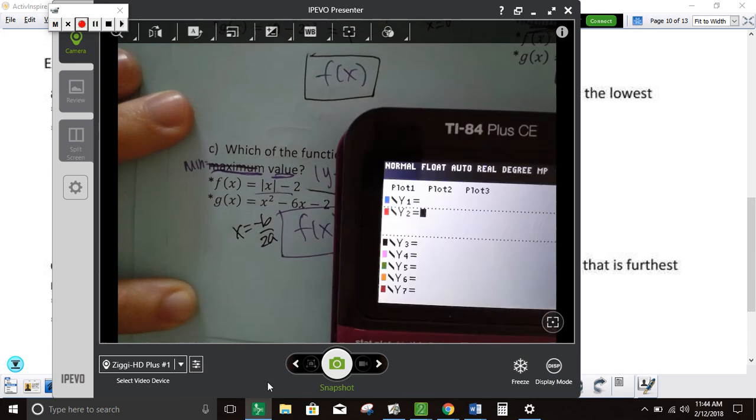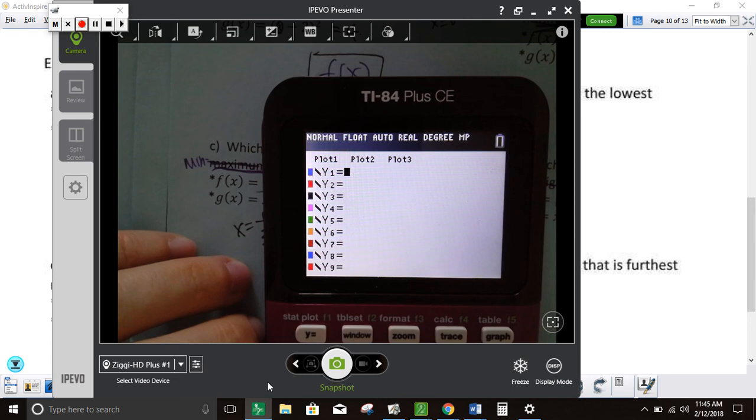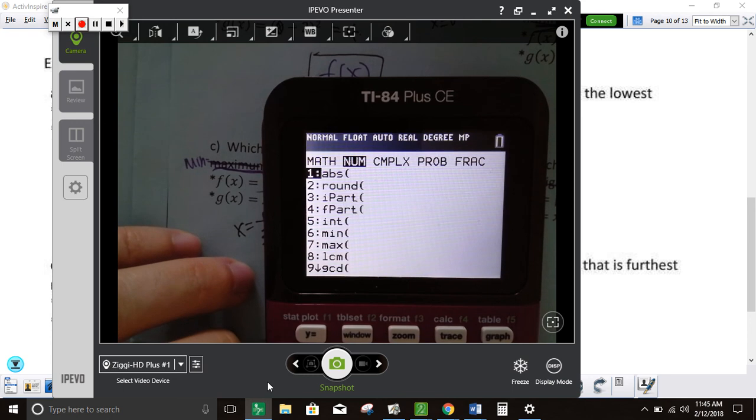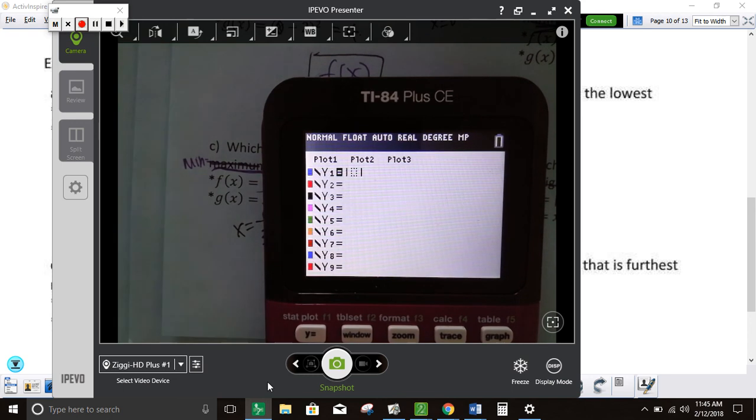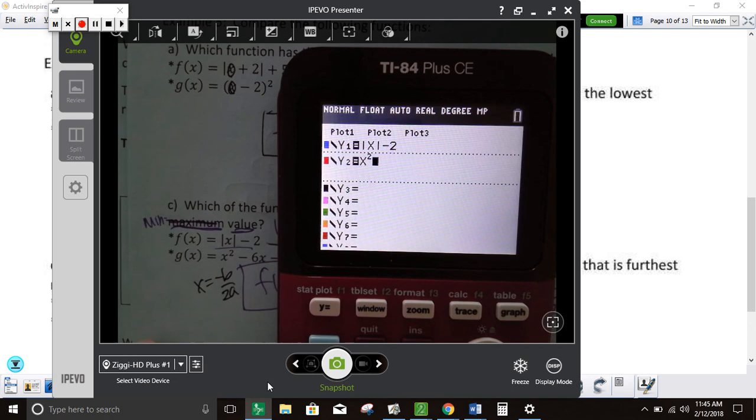So let's use a calculator, see which one that is. Do you remember how to get the absolute values? Math, number, absolute value, unless yours is special. Going to the catalog, got it. Okay, and then x minus 2. Yours is also different, right? Okay.